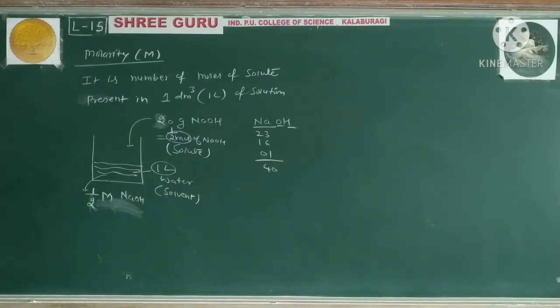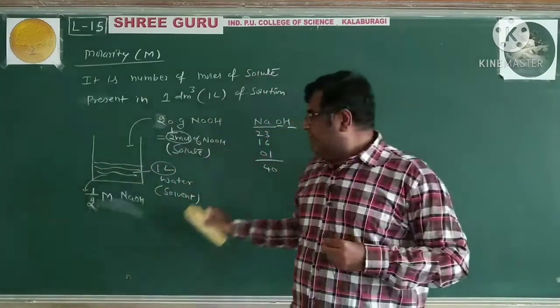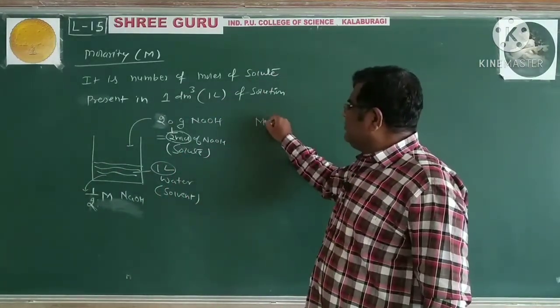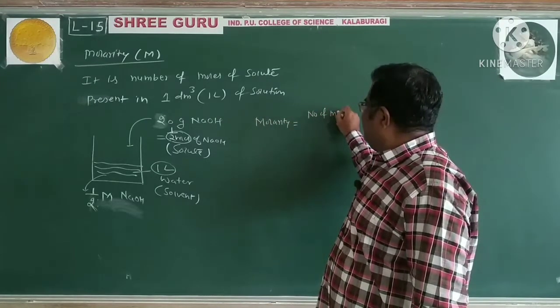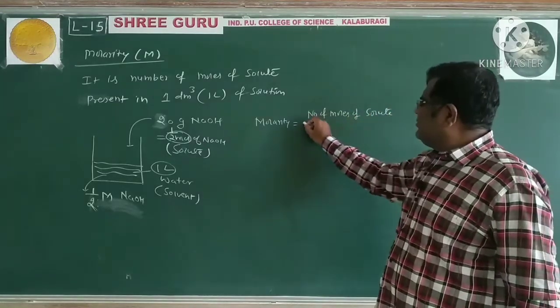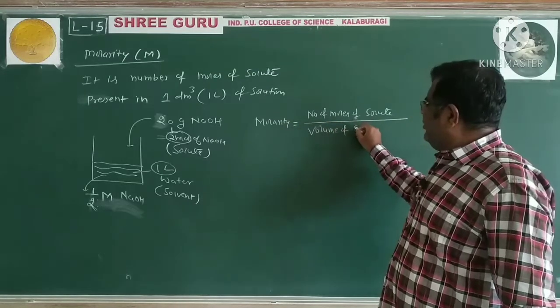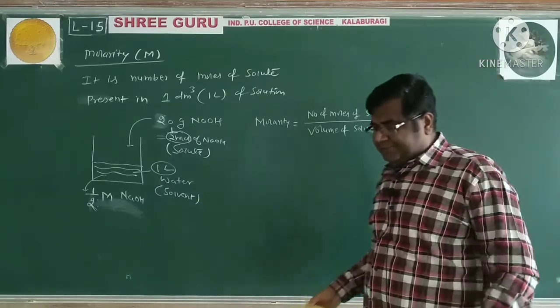Now how to calculate this? What is its formula? The formula is very simple. Molarity is equal to number of moles of solute divided by volume of solution in liter. Right.